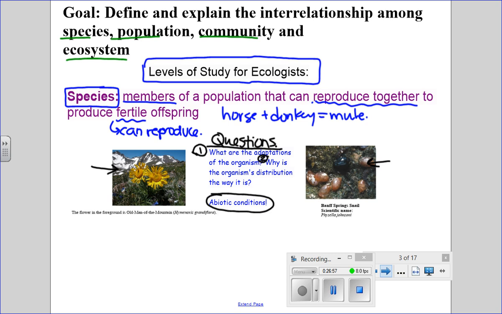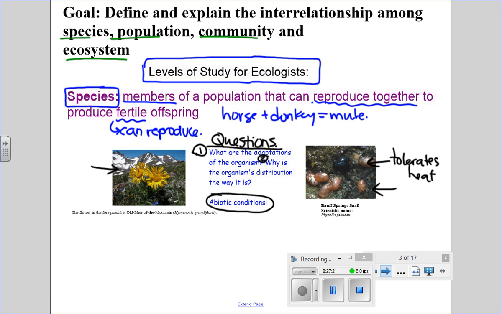For example, the Banff Springs snail tolerates heat really well. That's an adaptation that it has. That's something about it specifically. So that would be a biotic factor. What would be a good abiotic factor to explain the organism's distribution?